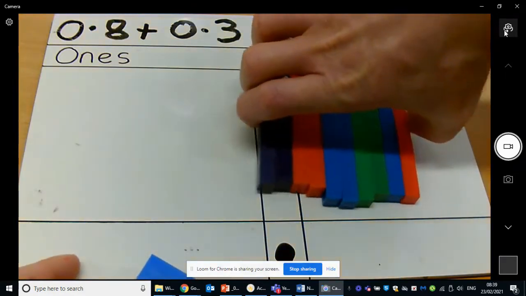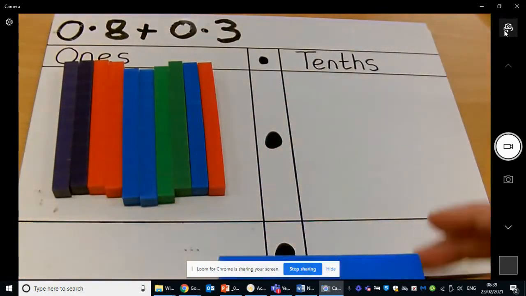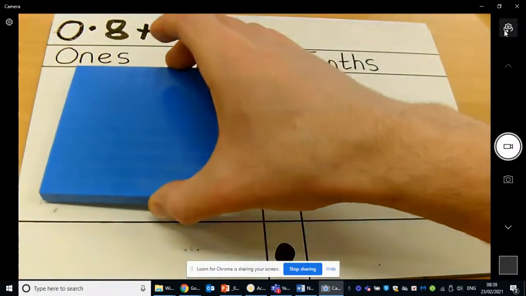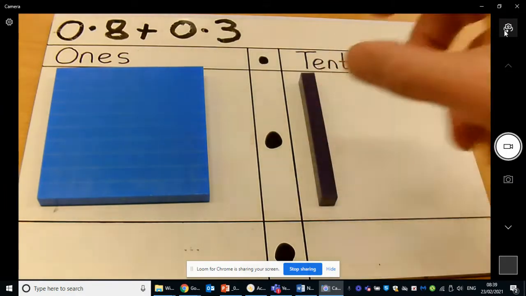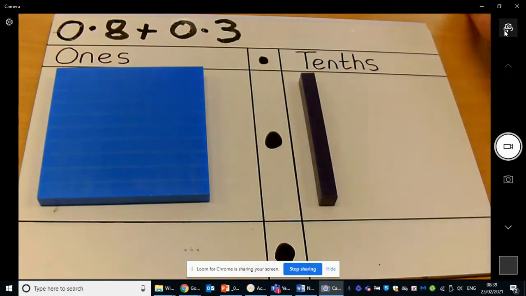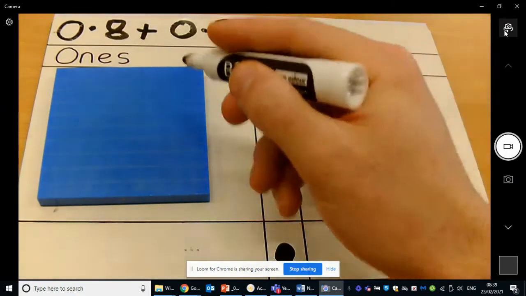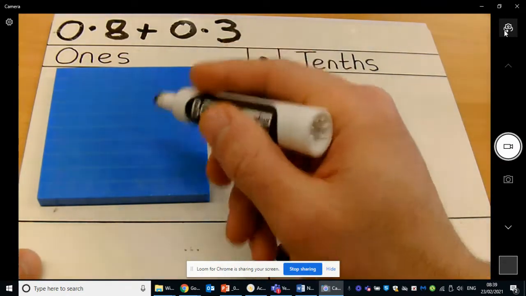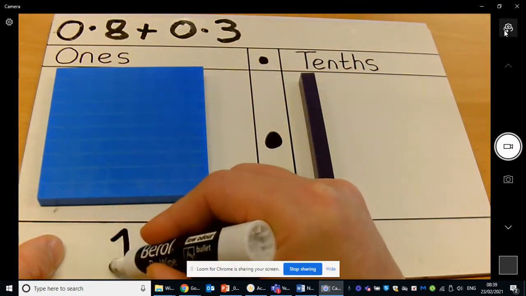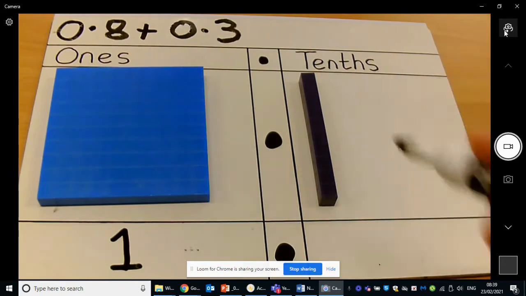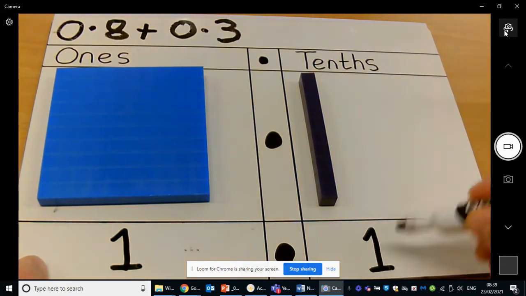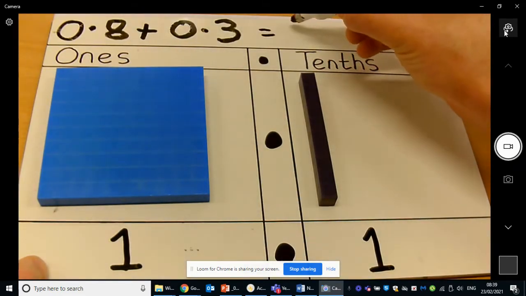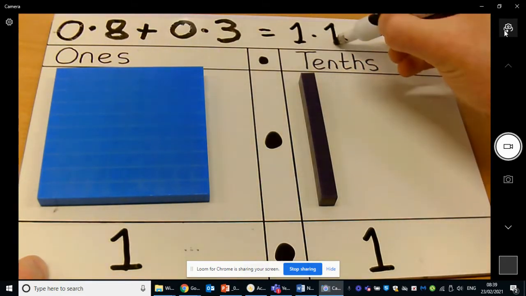So these are going to move over to this side and get exchanged for one of those. And then we've still got the final tenth to add on. So how many 1s do we have in this place value? Now we've got 1. And how many tenths do we have? 1. So the answer here would be 1.1.